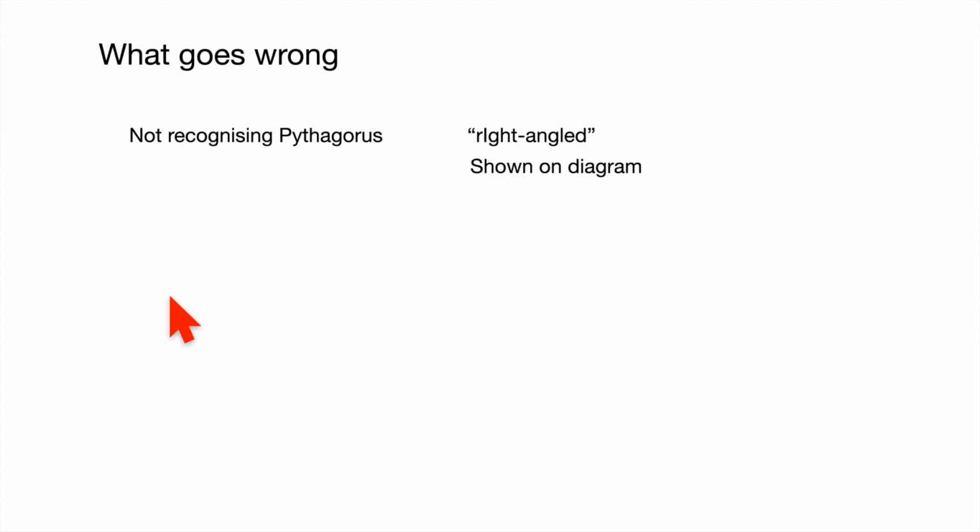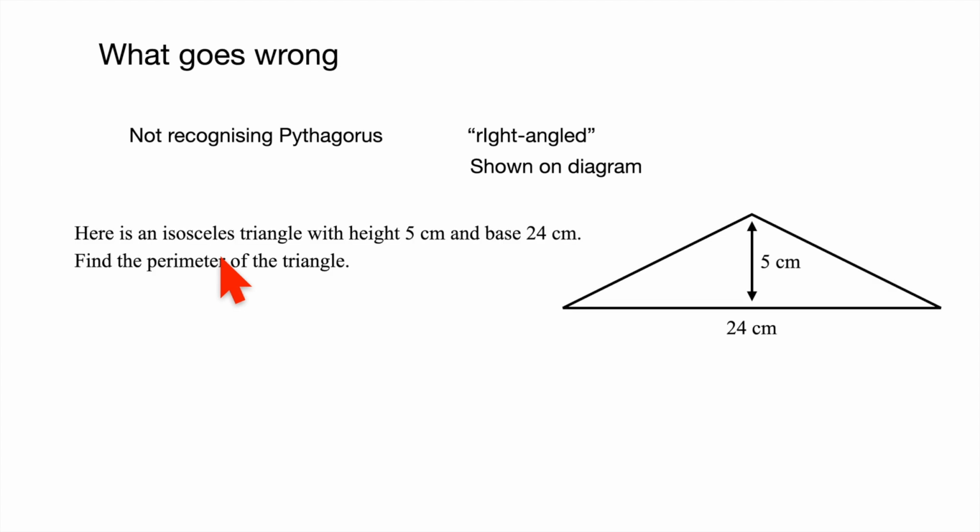The second thing that goes wrong, and this is in slightly more complicated questions, is you don't recognise it's a Pythagoras question. Now, if we're looking at one simple triangle, it's a right-angled triangle, and it's shown that you've got a right angle, then it's fairly straightforward. But imagine this question. Here is an isosceles triangle with height 5 centimetres, base 24 centimetres.